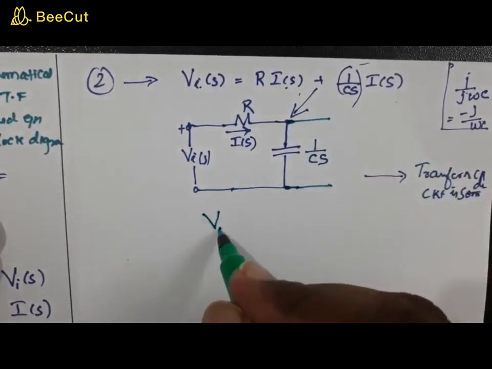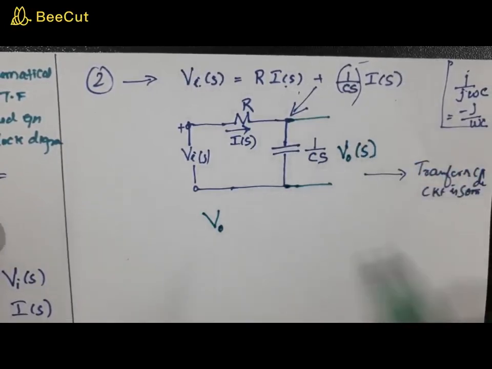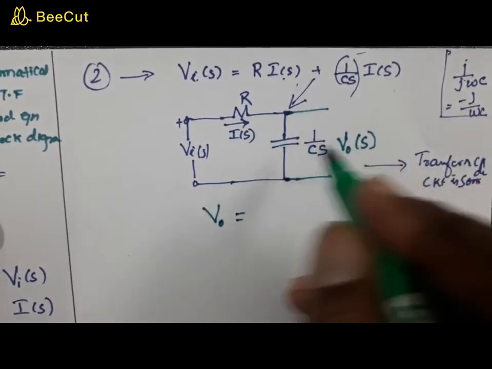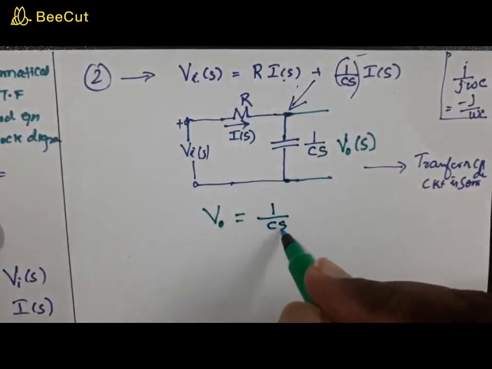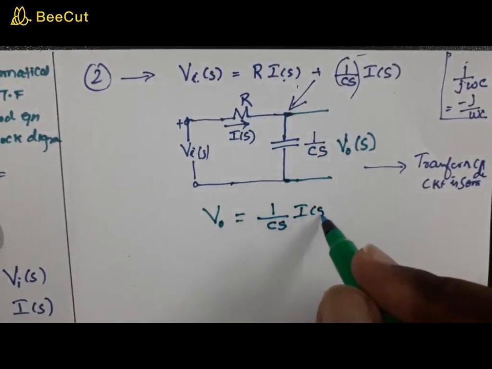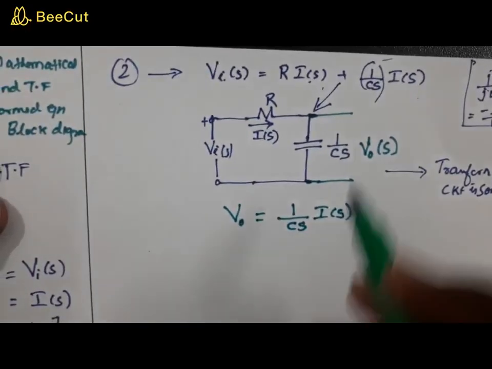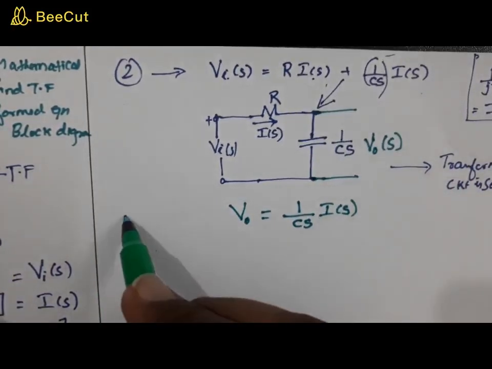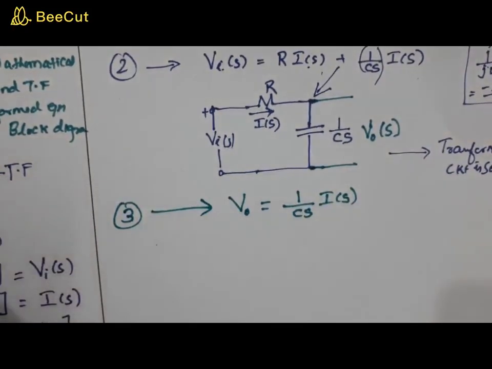Now this can be represented as V0 of S. So what will be V0 of S? That is the drop, 1 by Cs into I of S. So 1 by Cs into I of S is your V0 of S. So this is your third equation. This is how you obtain this.